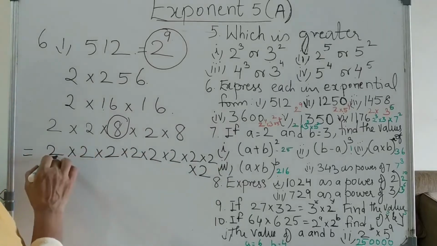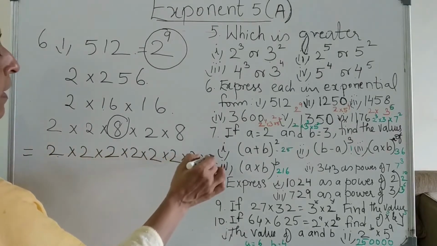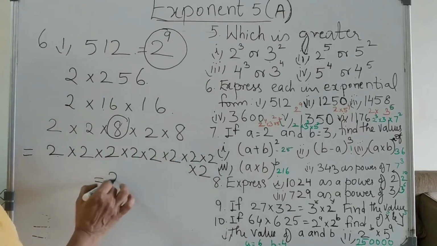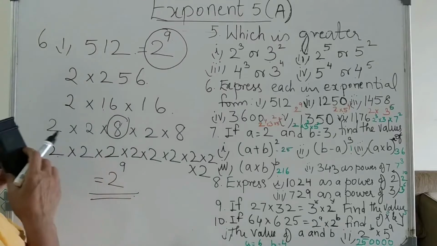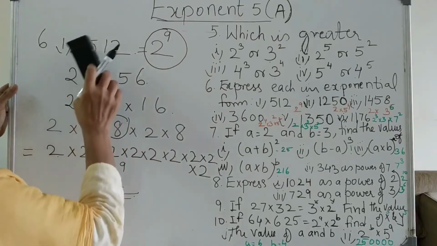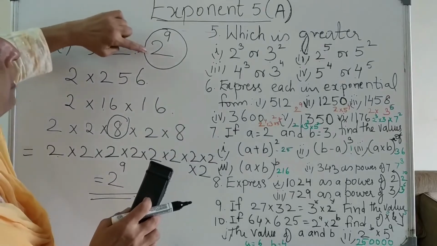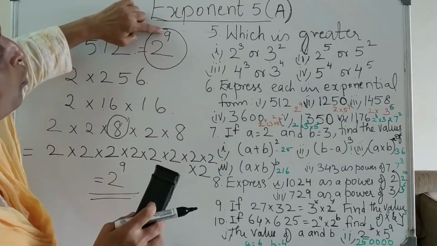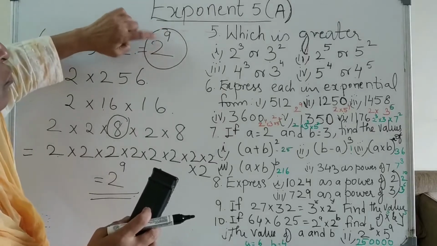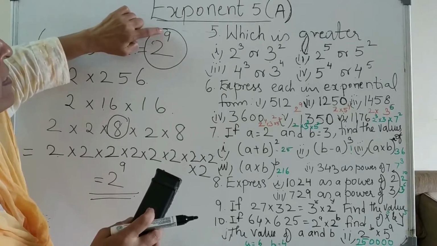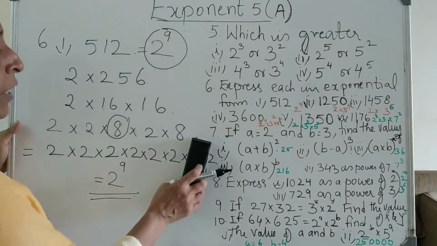Now you count 1, 2, 3, 4, 5, 6, 7, 8, 9. So here you get 2 raised to 9. This is the answer. So 512 written in exponential form is 2 raised to 9. In 2 raised to 9, the base is 2 and the exponent is 9.